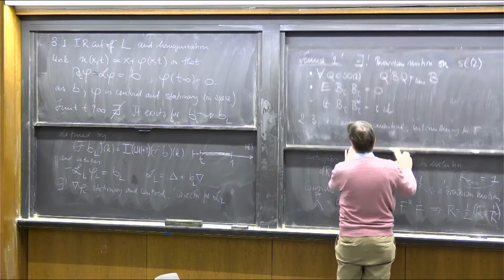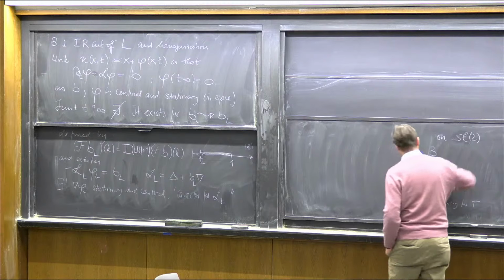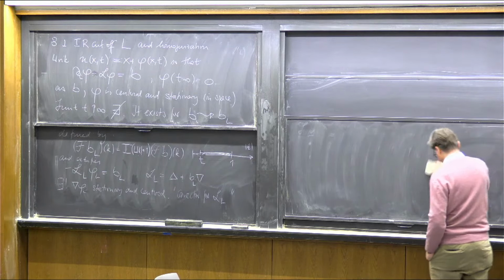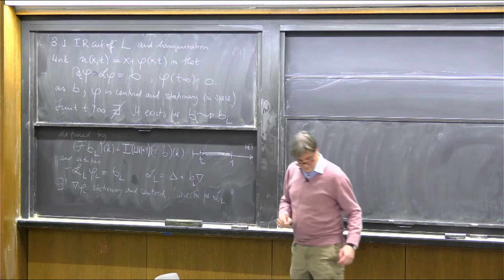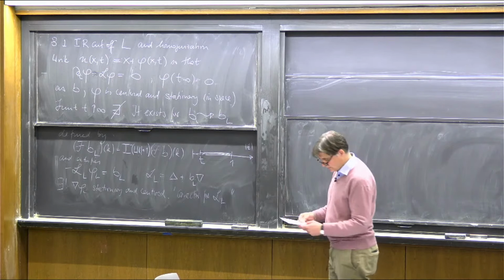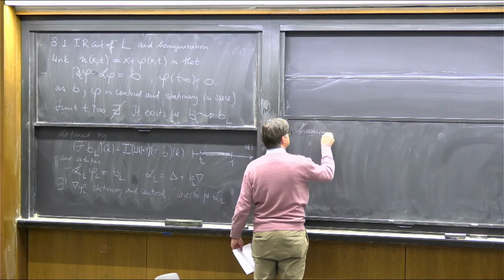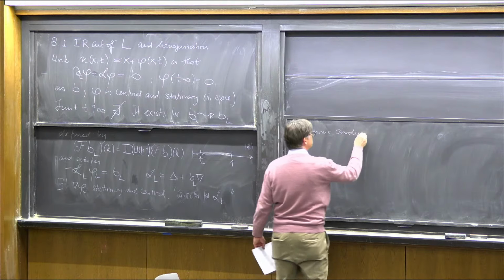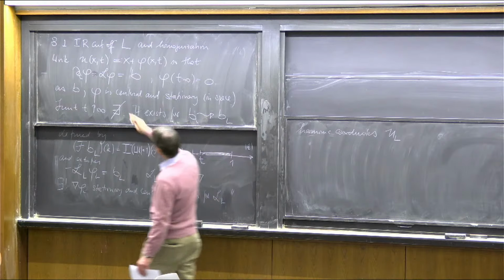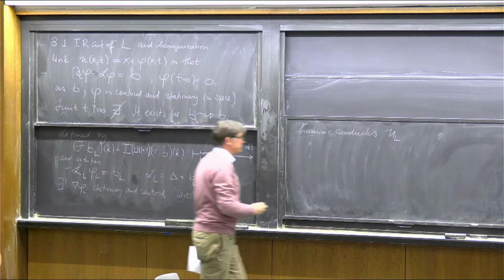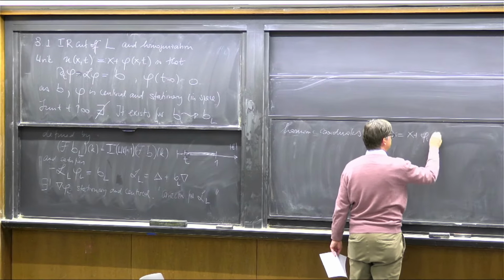So that gives rise to what is called harmonic coordinates. Let's call them U_L, and that just reverses what I did here. So now I define U_L of x as x plus phi_L of x.